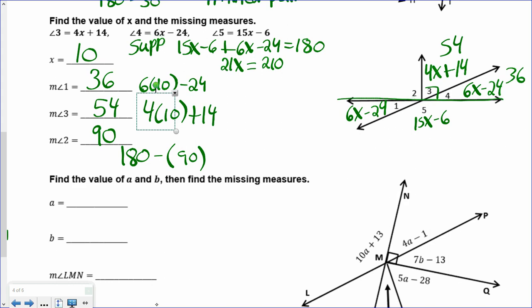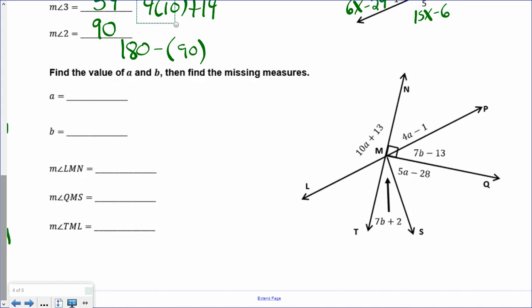Okay, moving right on. I'm going to let you do this one on your own with one tip before you get started. When you have multiple variables, this one has A's and B's, and you're trying to find a particular variable, only use angles that have that variable in it.